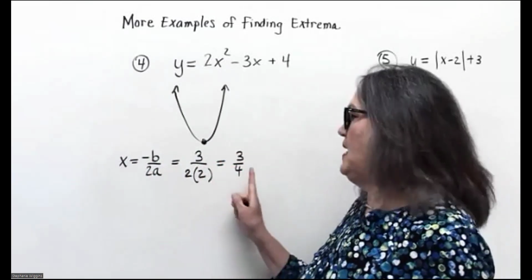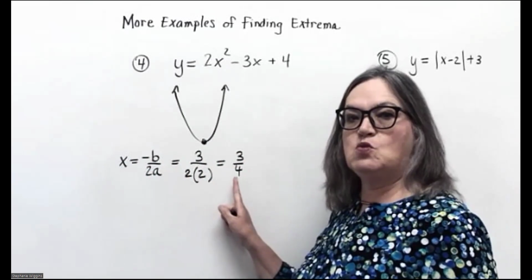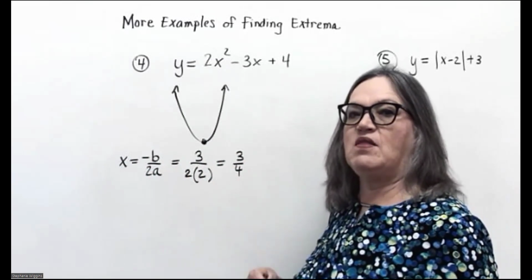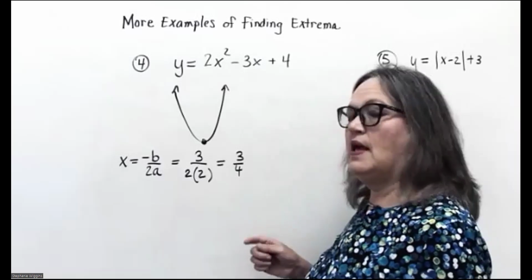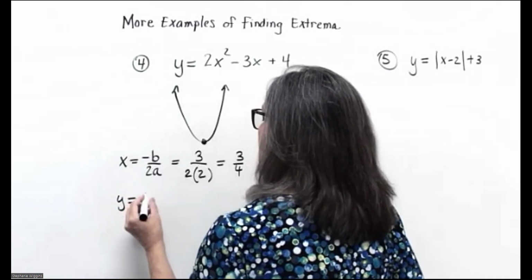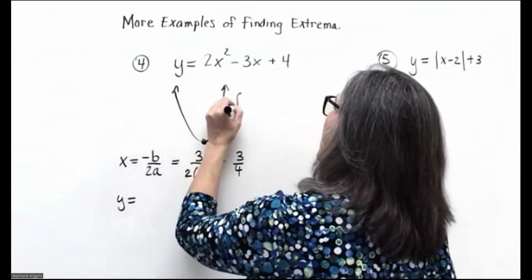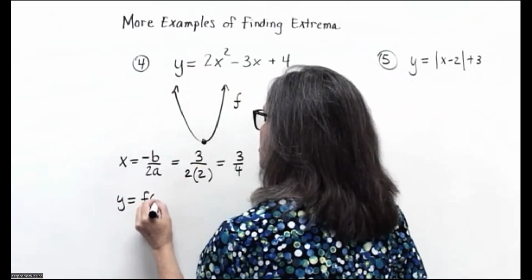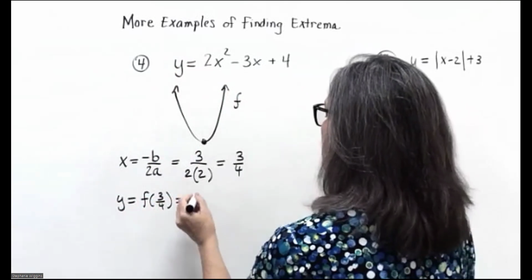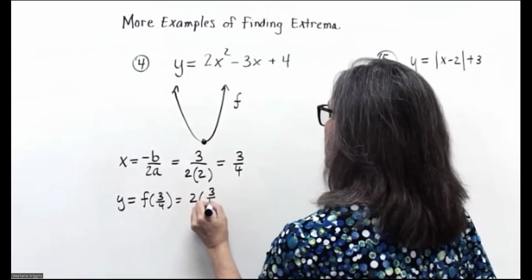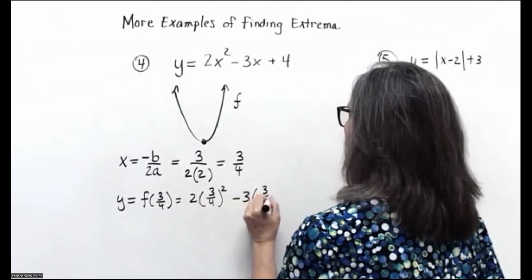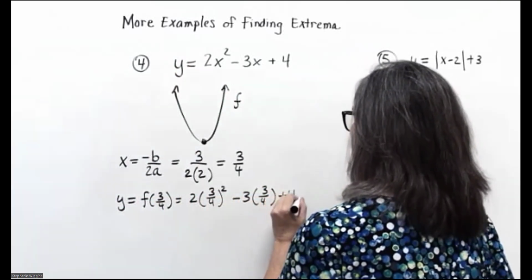This is where the minimum is located, but we need to find the value of the minimum, and that is a y value. So if we call this function f, we're going to plug 3/4 into our function. So for this example, it's 2 times 3/4 squared minus 3 times 3/4 plus 4.